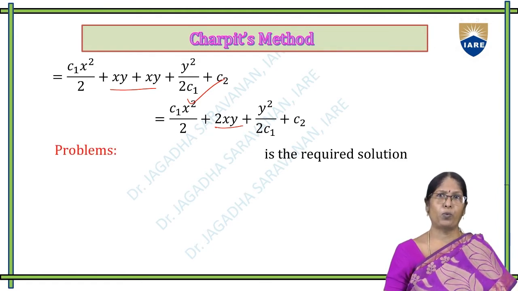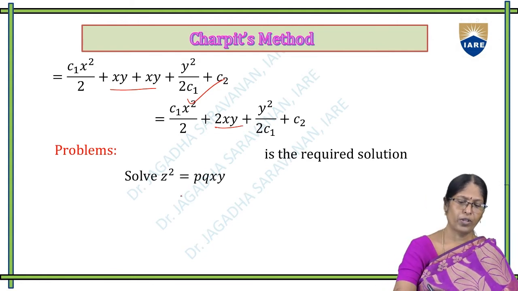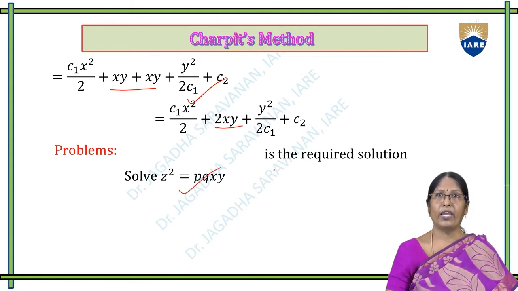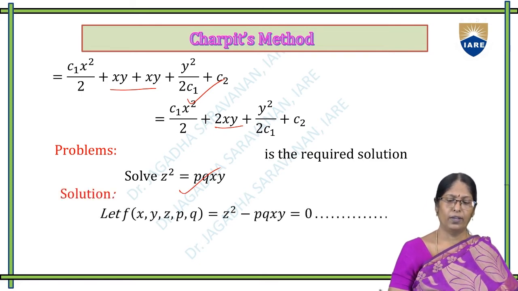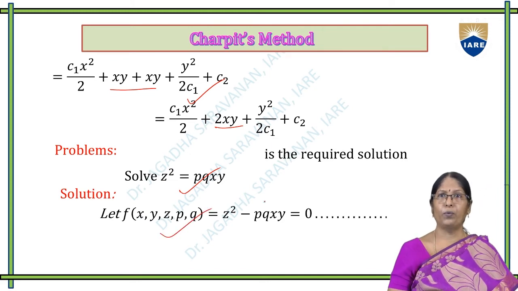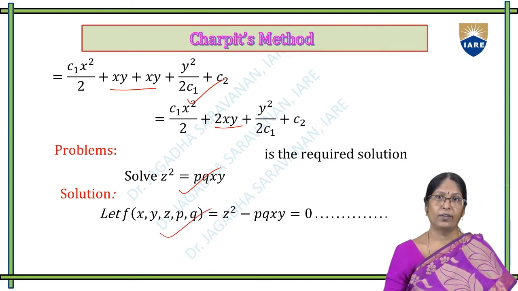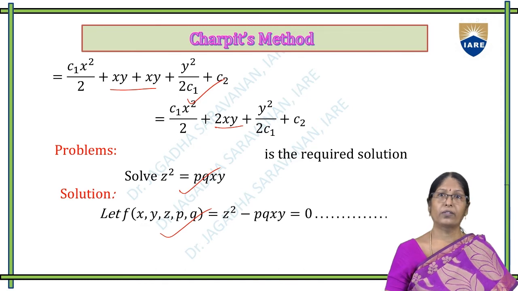So the next problem is solve z square equal to pqxy. The solution: the function given has the variables x, y, z, p and q.